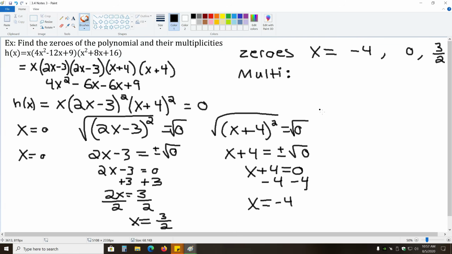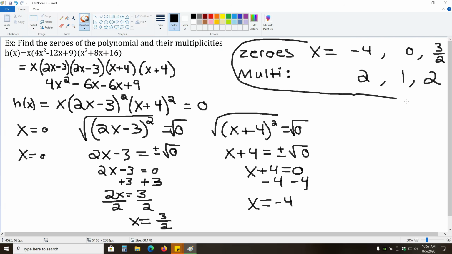Since it was squared, it has a multiplicity of 2. The multiplicity on the 0, again, just the exponent on its factor, which is just a 1. And the multiplicity on 3/2 goes back to this exponent of 2, so it has a multiplicity of 2. And these are all of the zeros of the polynomial with their multiplicities.